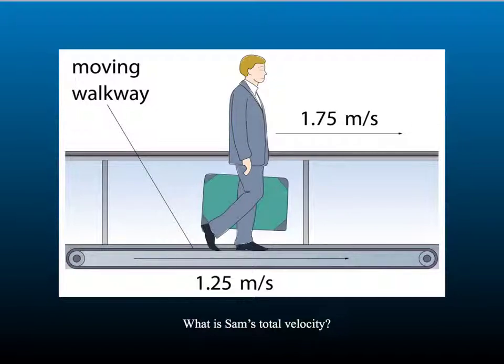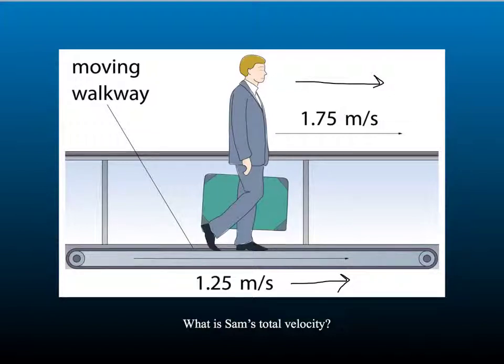These are a little bit different from relative speed, but they do, however, still depend on the direction in which the object is moving. So for this vector, we've got a man walking on a walkway. His speed is 1.7 meters per second, and he's moving in that direction. And the walkway is at 1.25 meters per second, also moving in that direction.